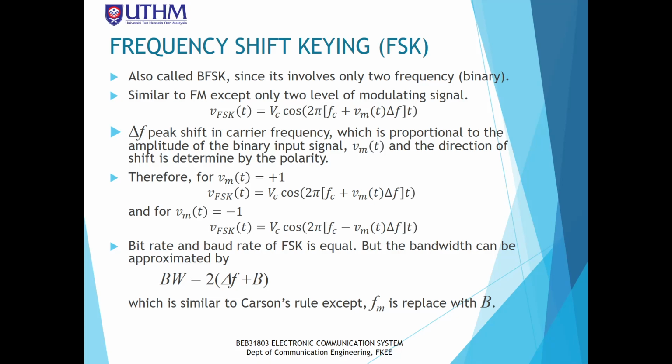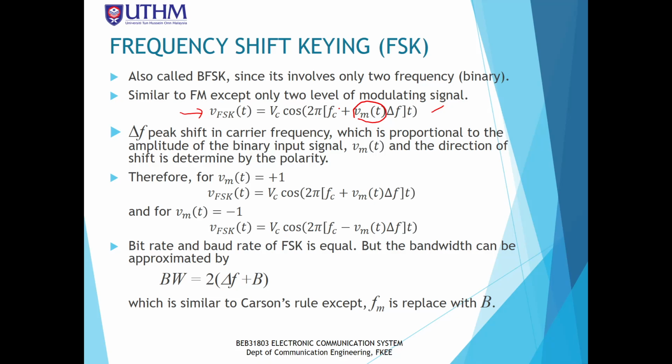You see from here, the general equation of frequency shift keying is Vfsk equals Vc cos 2 pi (Fc plus Vm(t) delta F) t. This is the general equation for Vfsk, and the thing that will change is Vm(t), which changes according to the input.